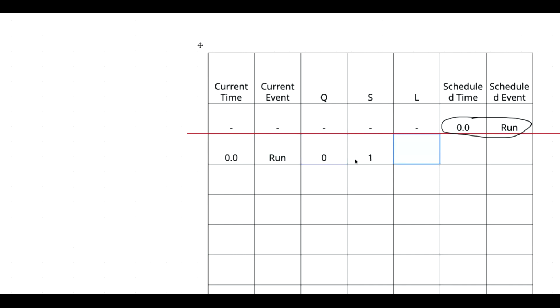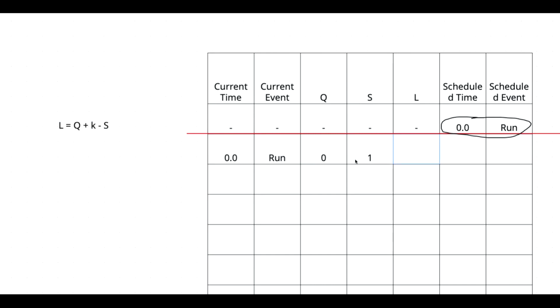Now, remember L is Q plus K minus S. Let's make that bigger. Okay, so Q is 0, plus 1 minus 1 is 0. So there's nobody in the system.